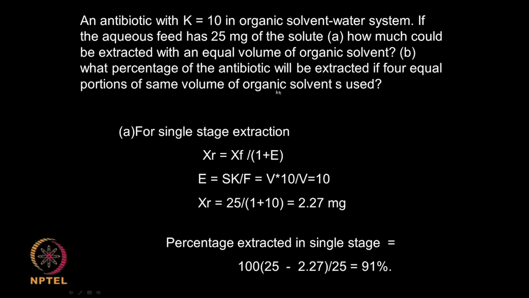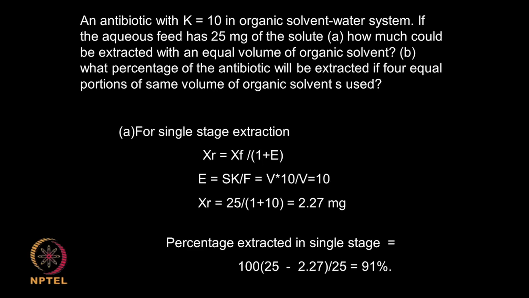Now I am dividing the same 25 into 4 parts, 25 by 4, that is equal to 6.25, and then adding it in 4 stages. Then what will be my extraction efficiency? So here my S will become 6.25, K will be same, F will be same, so my E will come down, but then my equation is different.